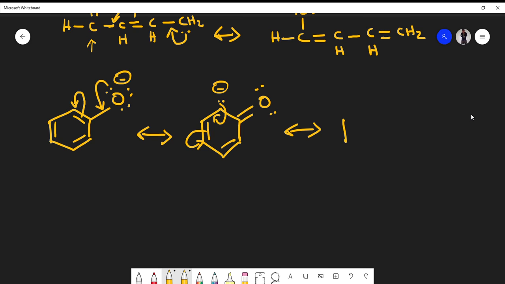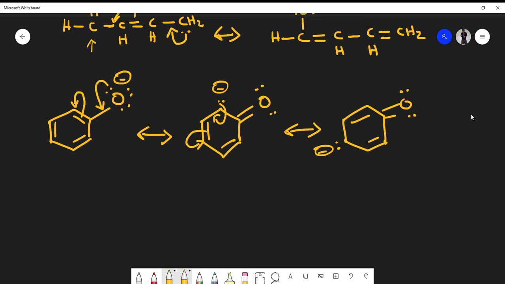So at this point you can see how I'm just rotating the negative charge around the ring. And so I still have my double bonded oxygen. Now I have a double bond at this spot, but now I have a pair of lone pairs on this carbon. In fact, it is now negatively charged with this still remaining like that.